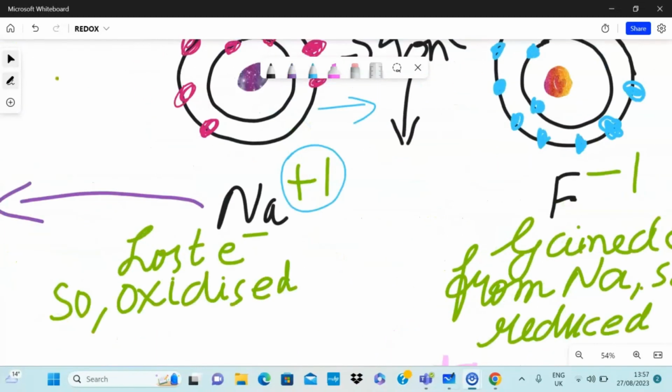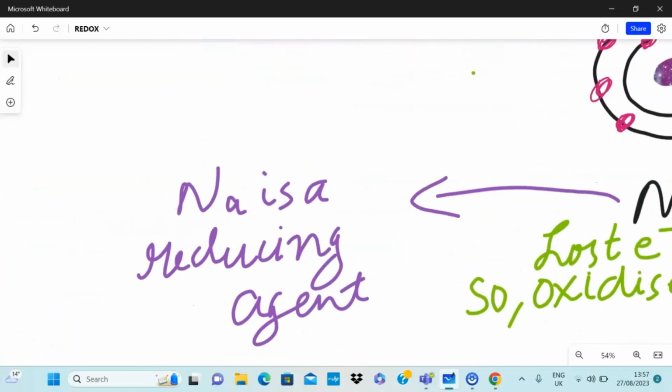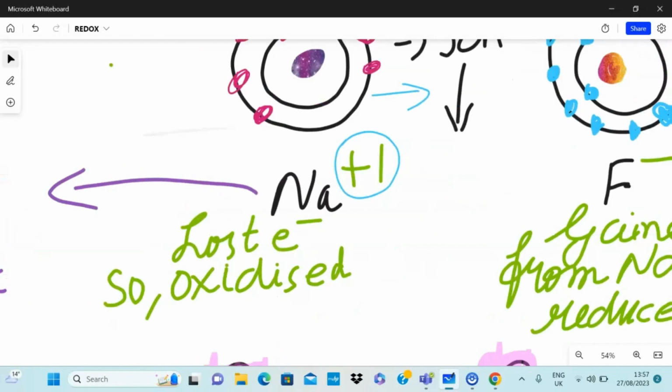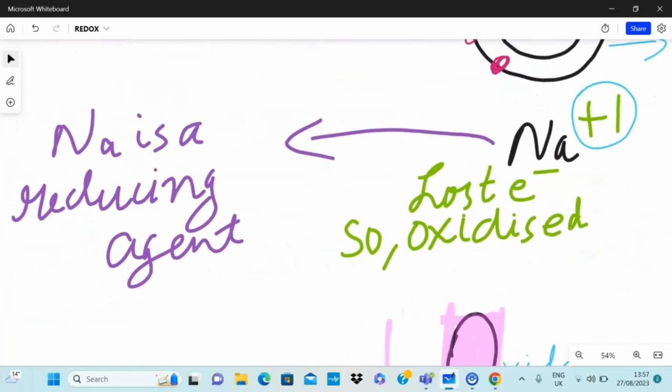Now we know sodium is oxidized, and sodium has been so nice to give its electron to fluorine, so we need to give sodium a nice name. And that name scientists give is a reducing agent. It's only because of sodium's electron that fluorine is living happy, and it has a reduced ability. So sodium is a reducing agent.